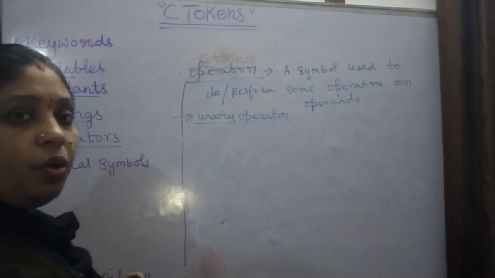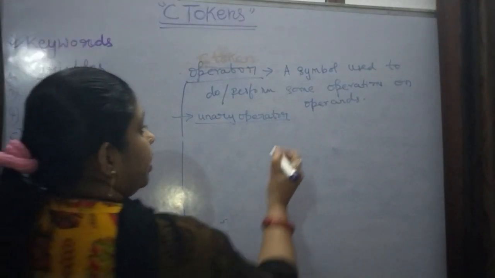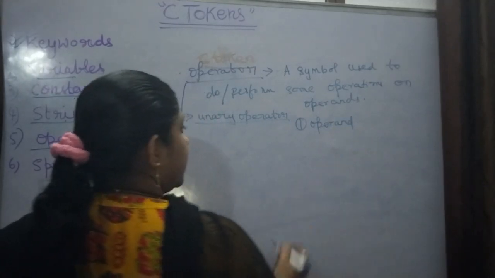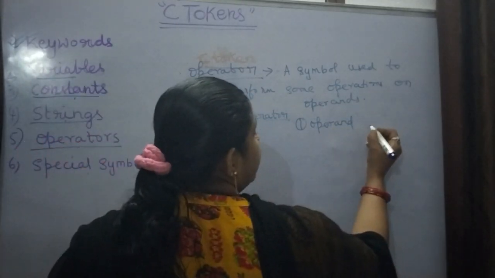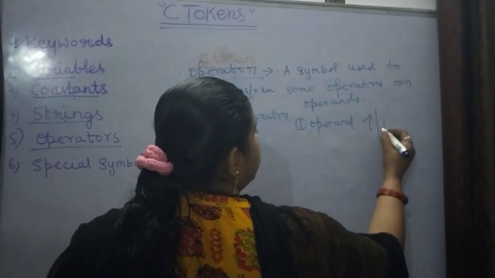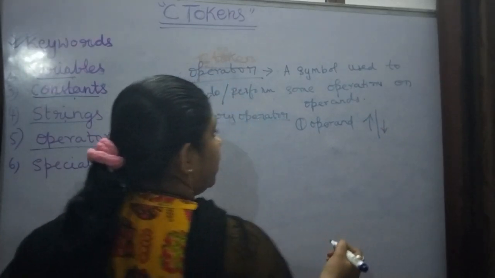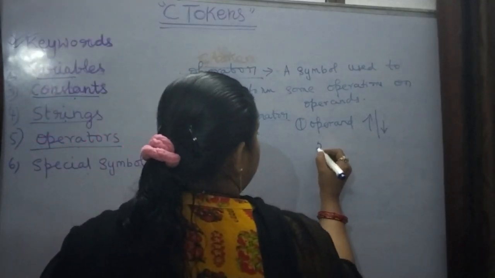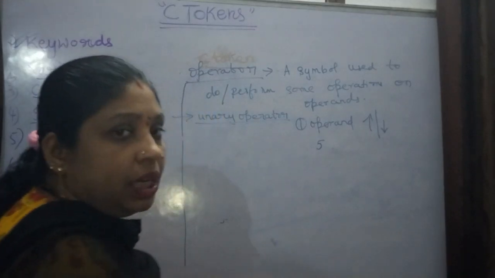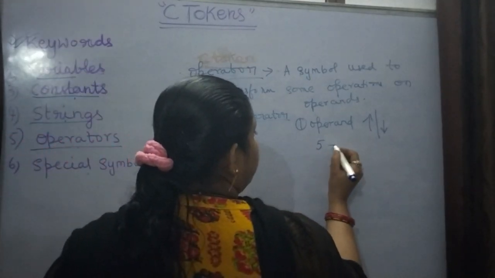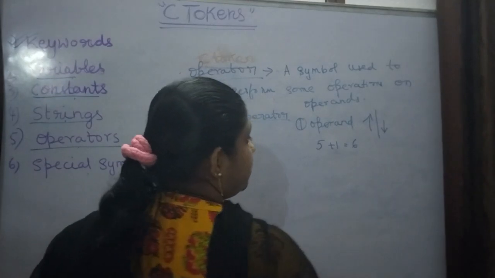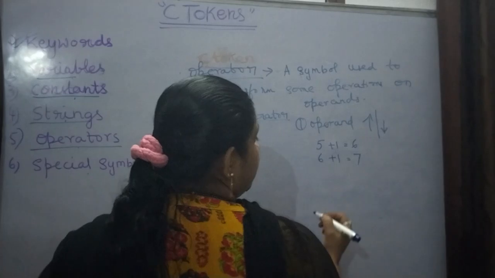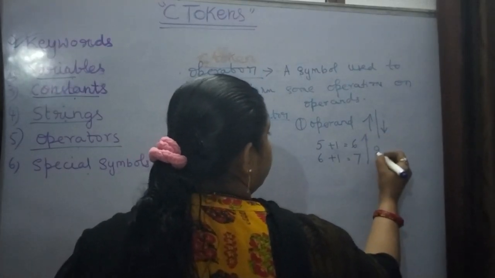In this, unary means only one operand will be there, and the operators are the increment and decrement operators. Suppose I am taking 5. If you want to increment, 1 is added and it becomes 6. Again if you increment, 1 is added and it becomes 7. This is the increment.